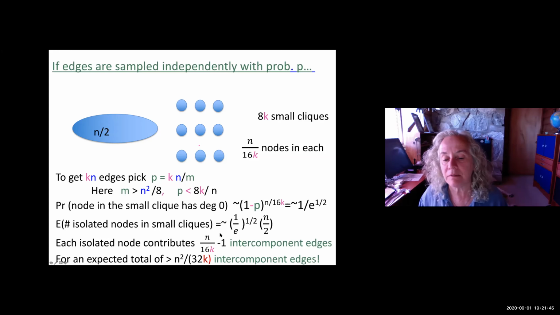So this kind of sampling, where each edge is picked with a random probability which is not dependent on the degree of the node, gives a very different number of intercomponent edges than the other technique that we're talking about.